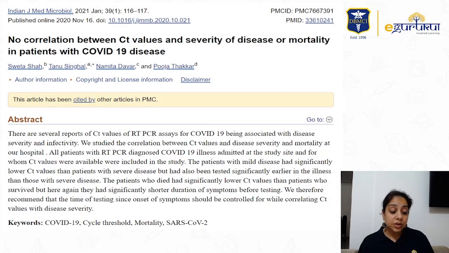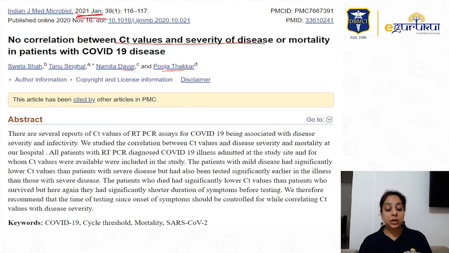Okay, now this is a very recent paper from January, just 4 months back, 2021. In this, Shweta, Pooja, Namita, Davar, Tanu are saying there is no correlation between CT values and the severity of the disease and mortality. So that is a big blow.